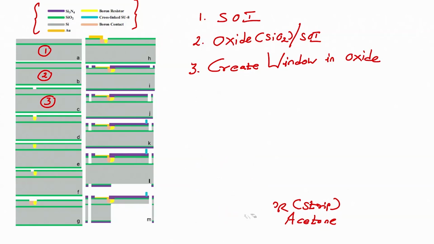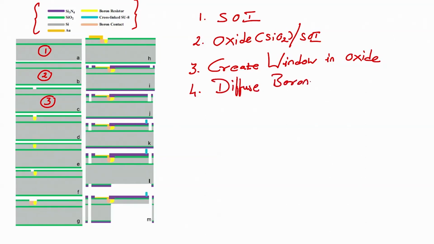So, once the window is created in silicon dioxide, what is the next step? Next step is you diffuse boron resistor, right. That means the step that you have created, if you see the top surface looks like this.